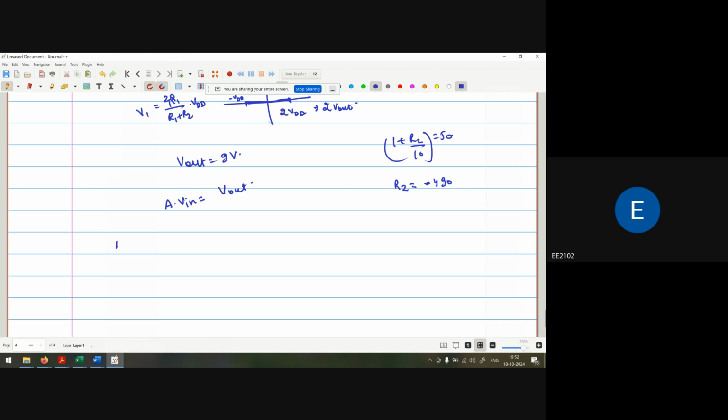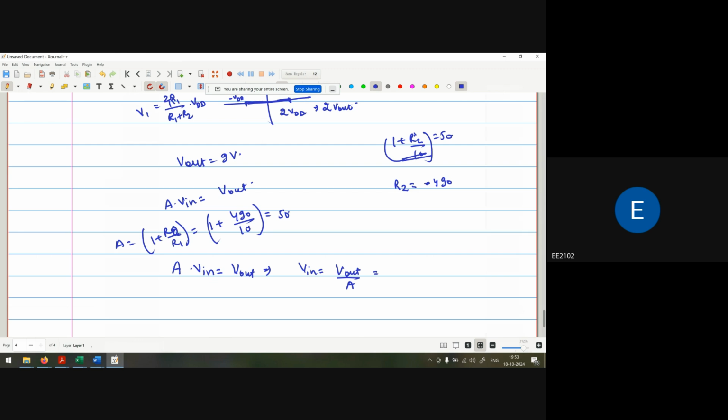And what is the value of A? 1 plus R2 by R1, which we already calculated. So that is 1 plus 490 upon 10, that is 50. So A times V in is equal to V out, which implies V in is equal to V out upon A.